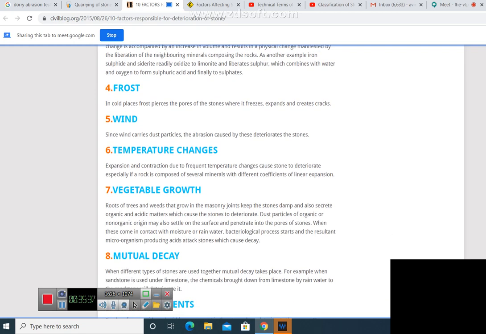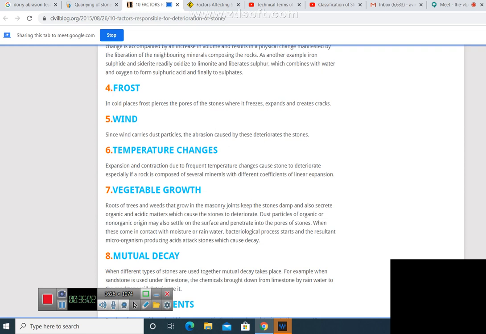Next one is wind. Wind is capable of carrying dust particles, so there is a chance of abrasion due to the dust particles. That is another reason for deterioration. Then temperature changes. If there are sudden temperature changes, the rock may expand and contract frequently.